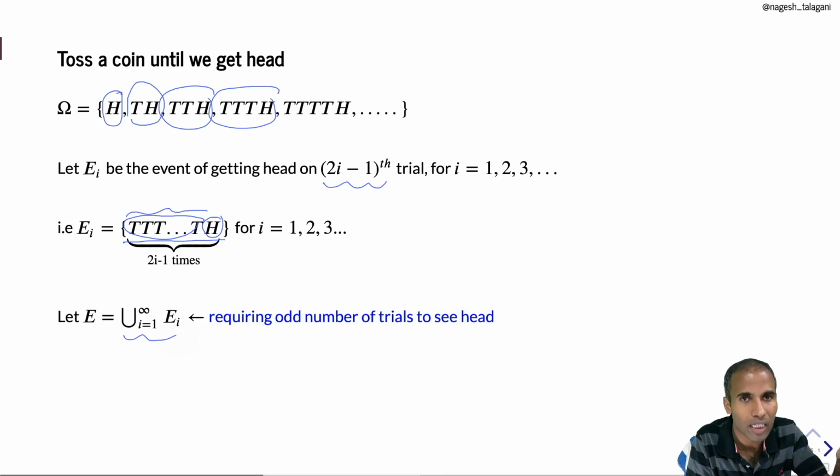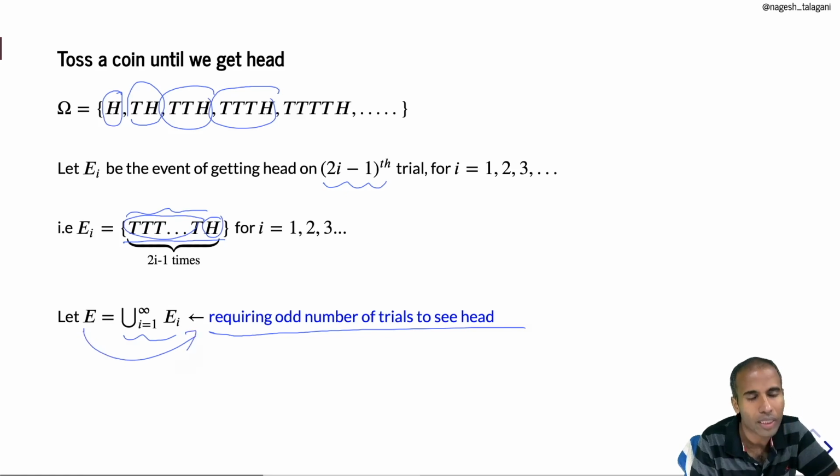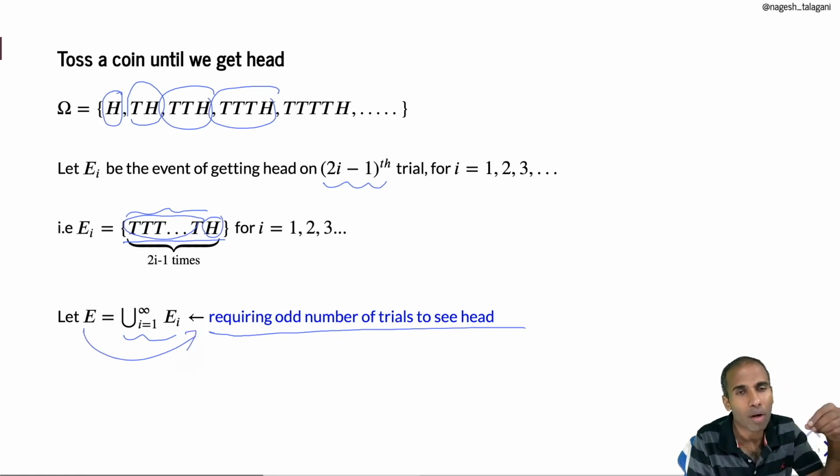E1 may happen, which means getting a head on the first trial. E2 may happen, which means getting a head on the third trial, or E3 may happen, in that case getting a head on the fifth trial, and so on. This is precisely the event of requiring an odd number of trials to see a head.